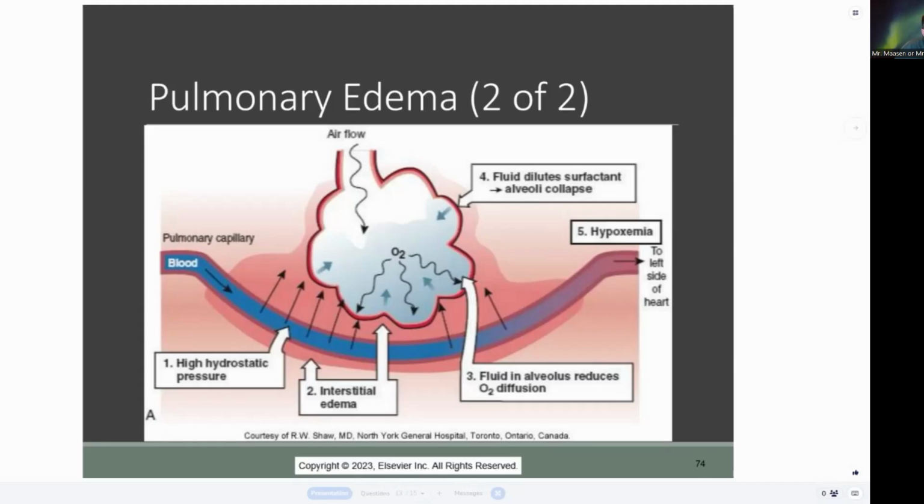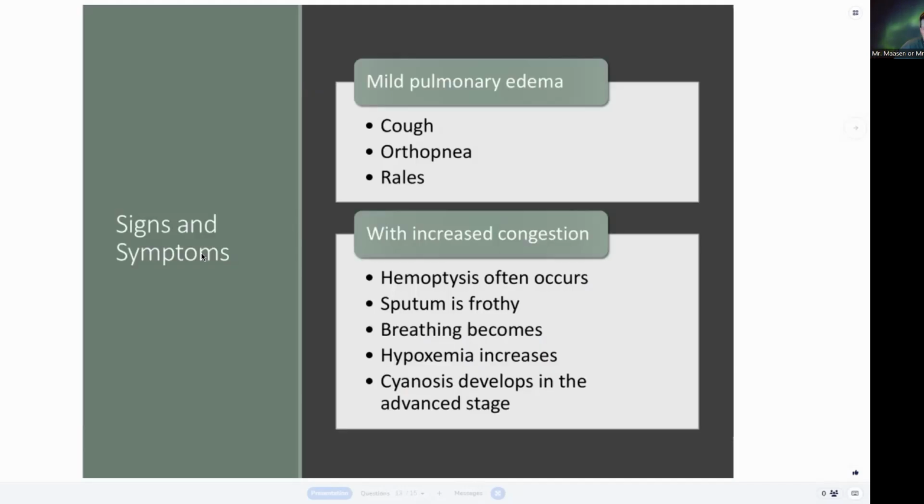So again, pulmonary edema is going to be definitely more of the blue bloaters you're going to see as far as chronic lung disease. But either way, breathing is going to be difficult with this. So mild pulmonary edema, the orthopnea is going to be a big symptom. And then they're going to have a cough. They're going to have rales, that very crackly, wet lung sounds.